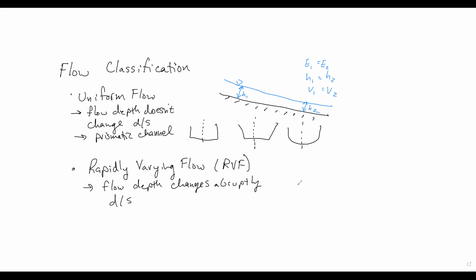An example of that is our weir, where we put a little weir there, and we've got flow coming down. And I'll just extend this so we can see what happens to the flow if we were to have channel down. So flow is here, it hits the weir, and then it comes down like that, right? So there's this rapid change in flow depth.